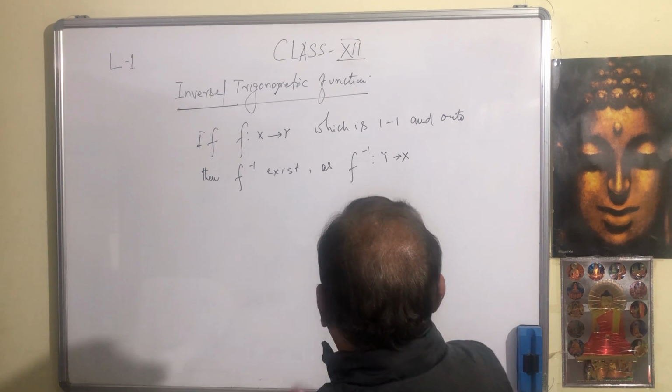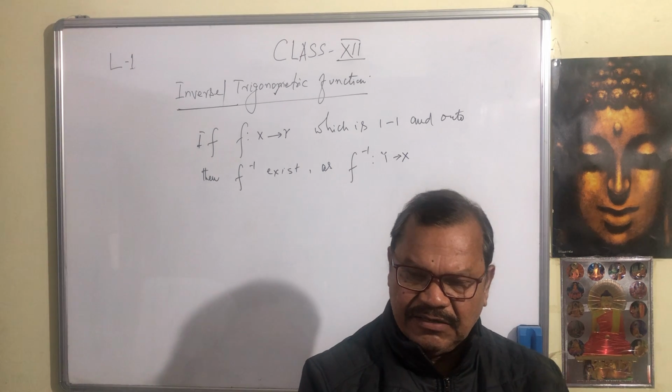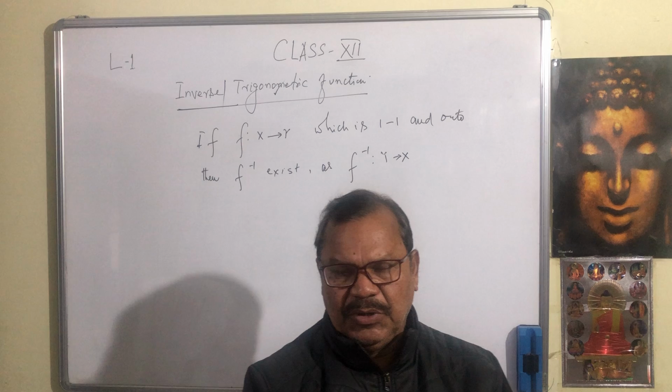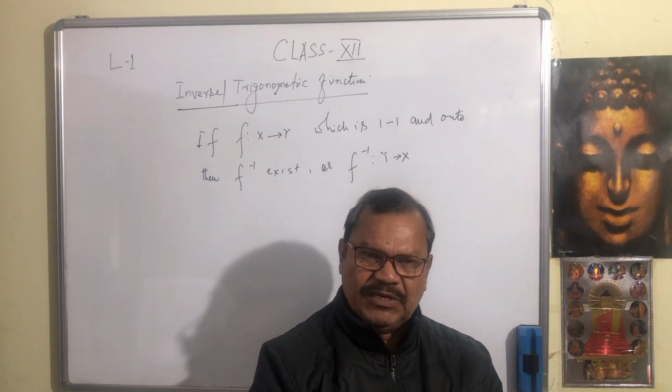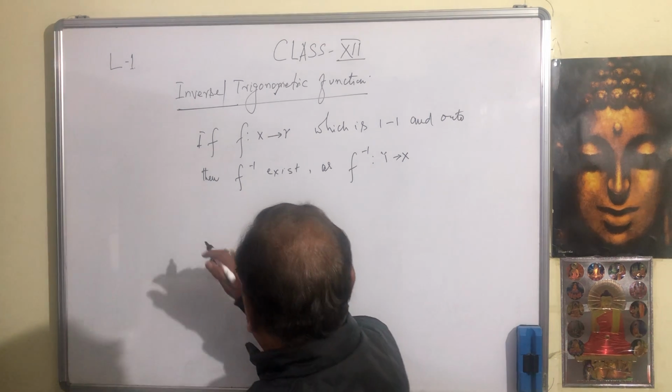So what is the essential condition for the existence of inverse? That a function must be 1-1 and onto. That means only a 1-1 onto function possesses inverse. Let us have a conclusion here.